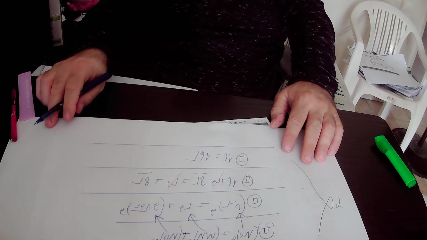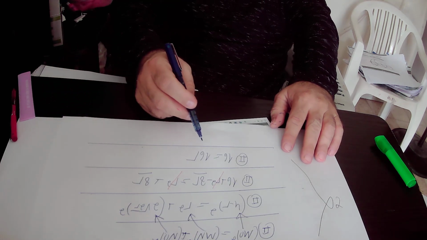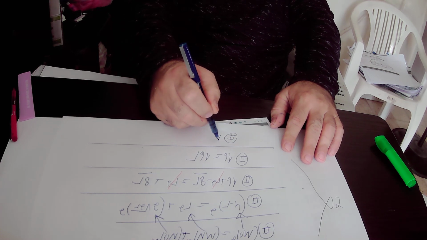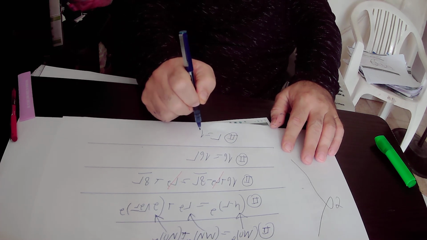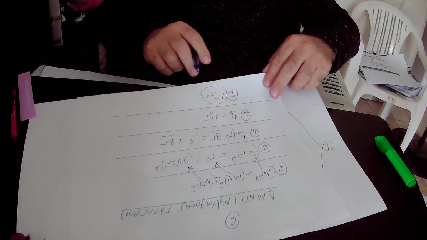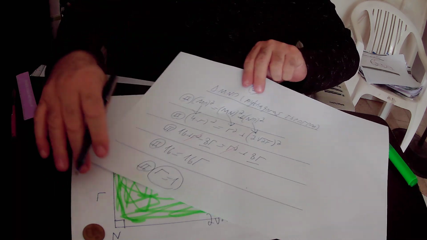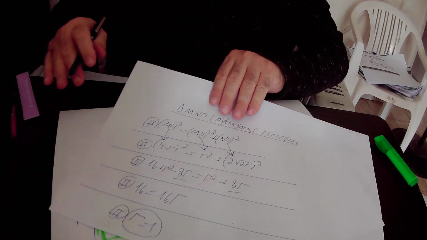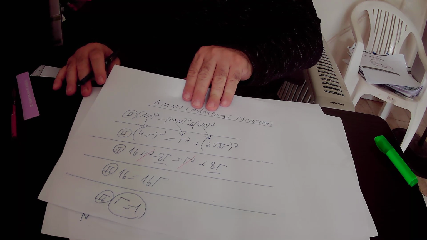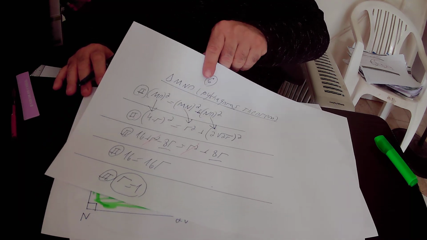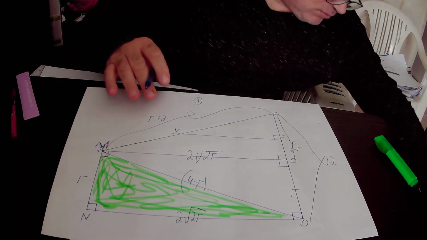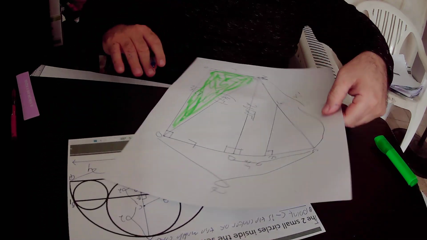Here we will divide this equation by 16, and we will get that the radius of the small circle r equals 1 unit. So we found out that the radius of the small circle equals 1 unit. So we can write here that r equals 1.